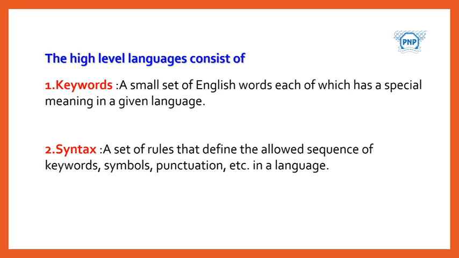So, the second type of language came into use, that is high level language, which consisted of two things. First, keywords, a small set of English words, each of which has a special meaning in a given language, and second, syntax, a set of rules that define the allowed sequence of keywords, symbols, punctuation, etc. in a language.